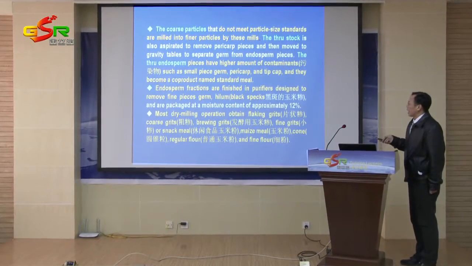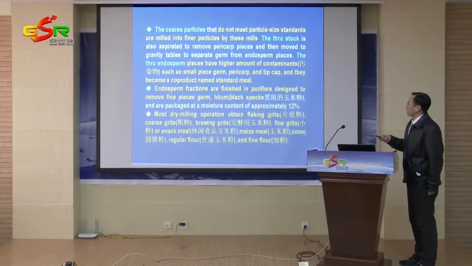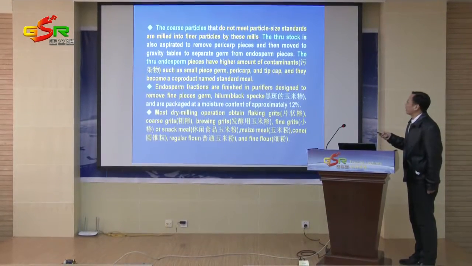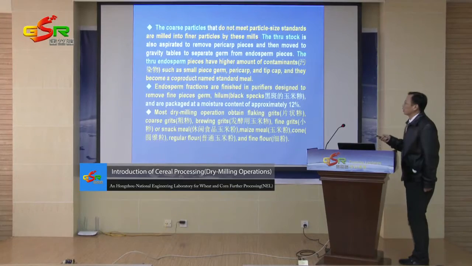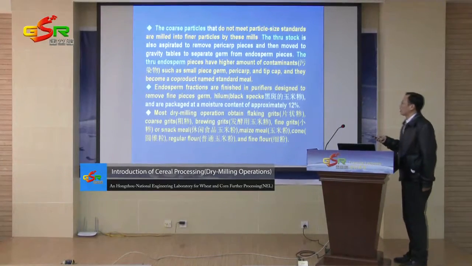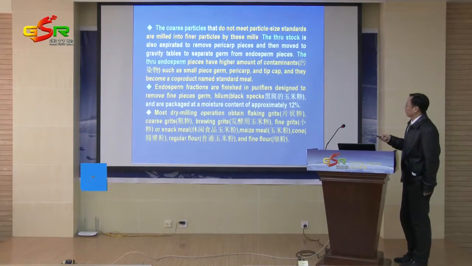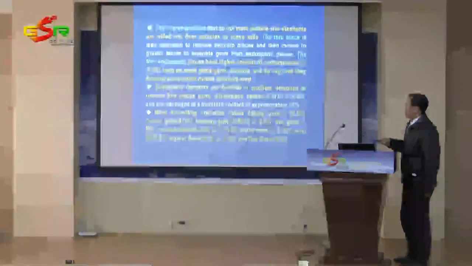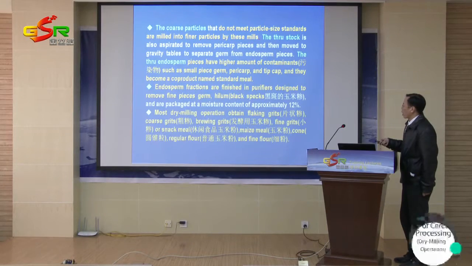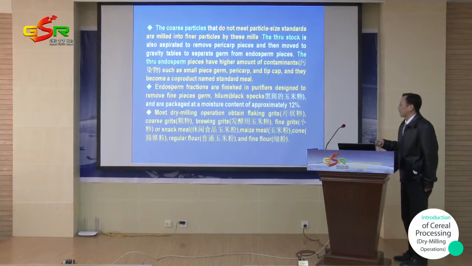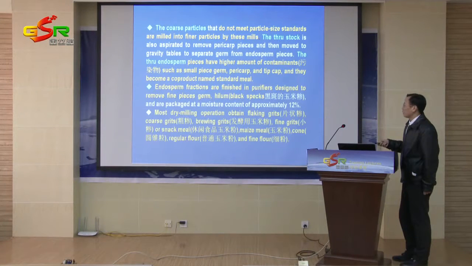And the endosperm fractions are finished in the purifier designed to remove the fine pieces of germ and hull. Most dry milling operations obtain flaking grits, coarse grits, regular grits, fine grits, snack meal, masa meal, corn meal, regular flour, and fine flour.